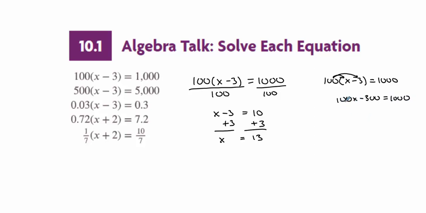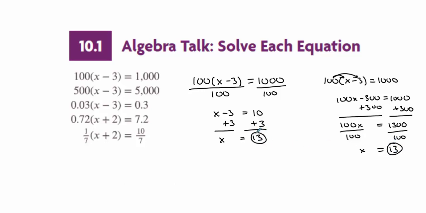Now to get the x's by themselves, I would add 300 to both sides. So I'd end up with 100x is equal to 1,300. Then I would divide the x's by 100, and divide this side by 100, and I end up with x is equal to 13. So I could see we get the same answer.